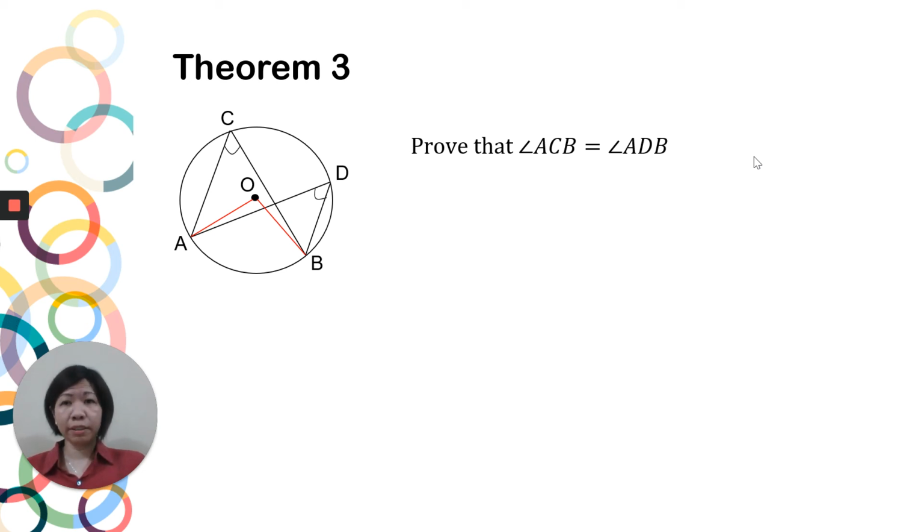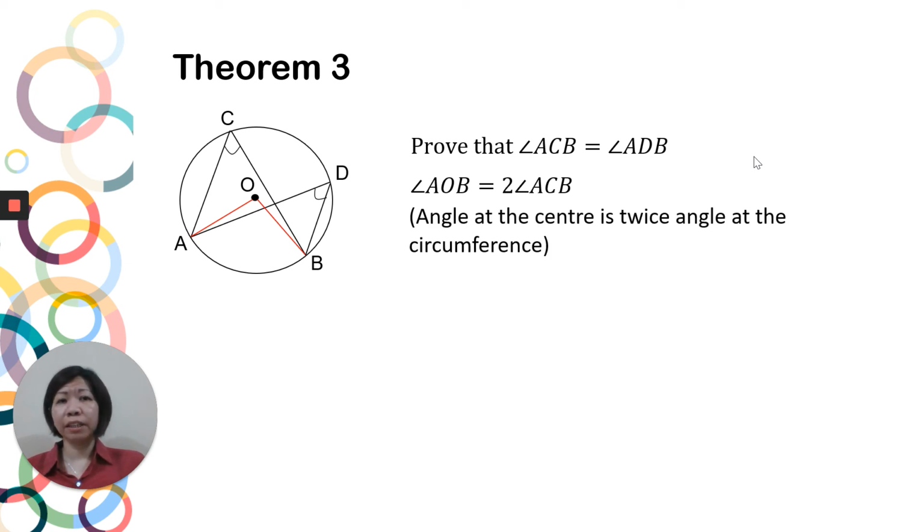Recalling theorem 1, we can see that angle AOB is actually angle at the center, while angle ACB is angle at the circumference. And the size of angle AOB is twice the size of angle ACB by theorem 1. Similarly, angle ADB is also angle at the circumference.